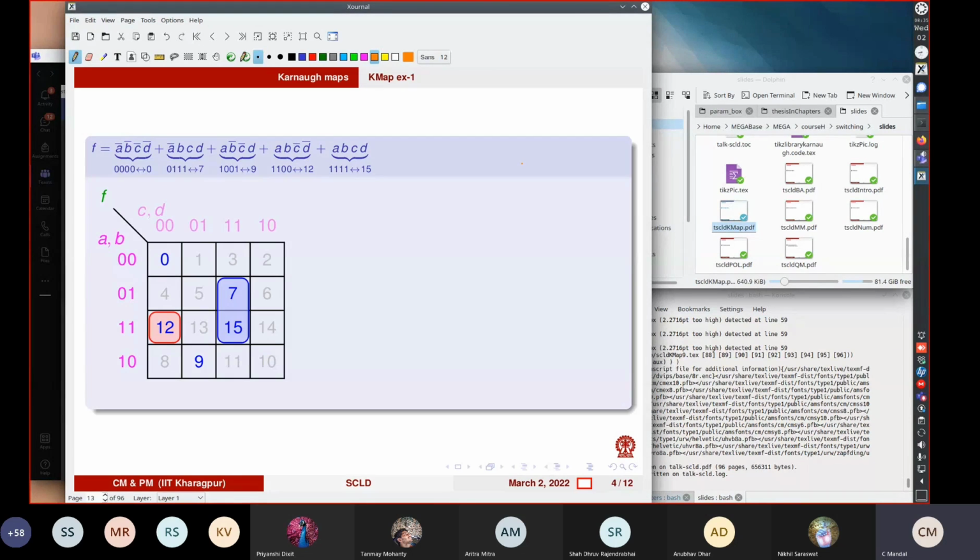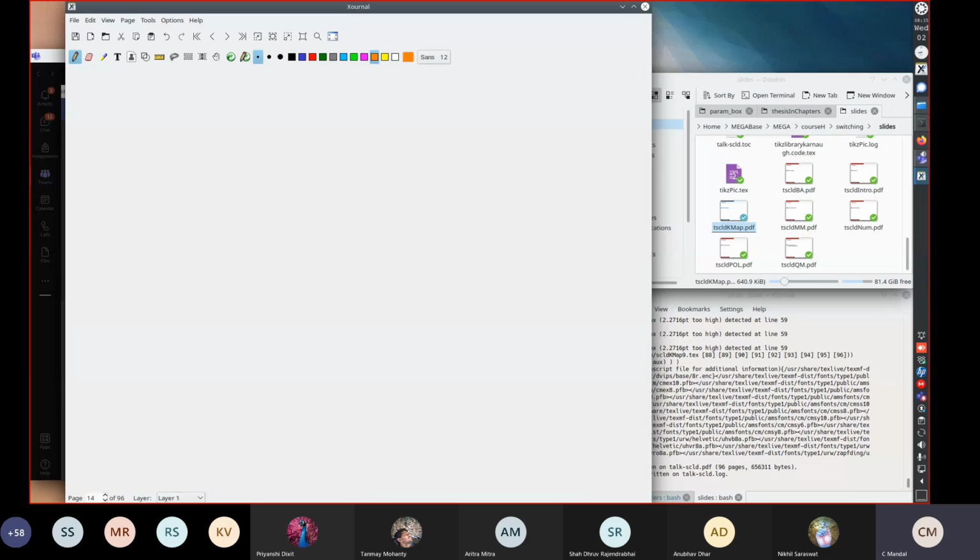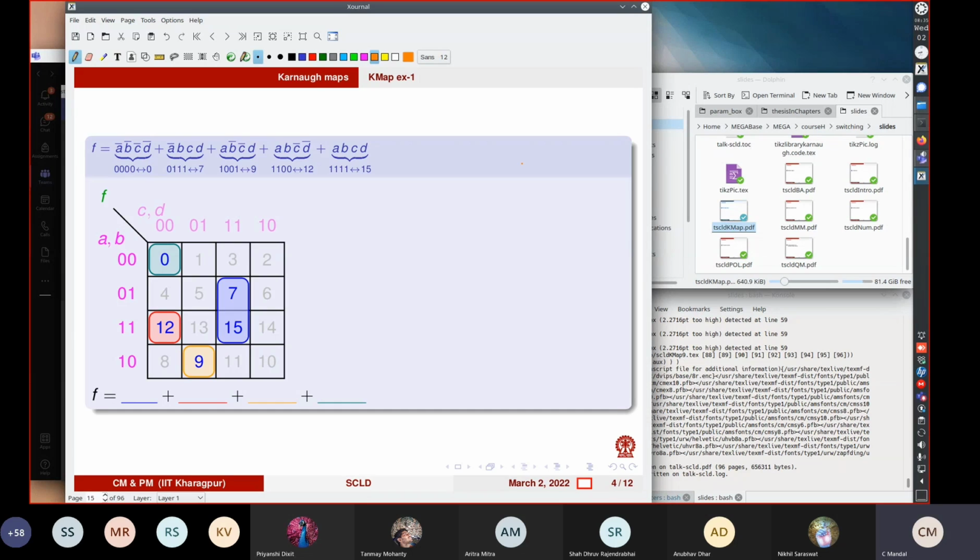So this is the min term. The other ones are singleton min terms, so you are not able to minimize those. So this is the result. As we saw, on combining 7 and 15, we got BCD, and then these are the other min terms.